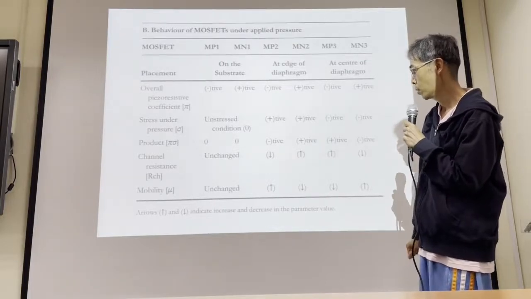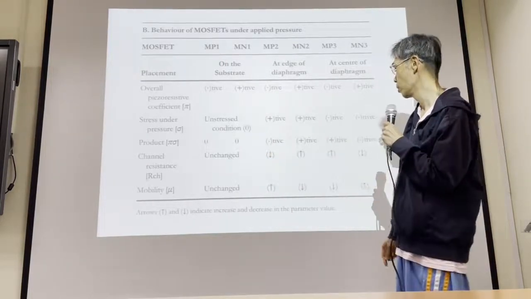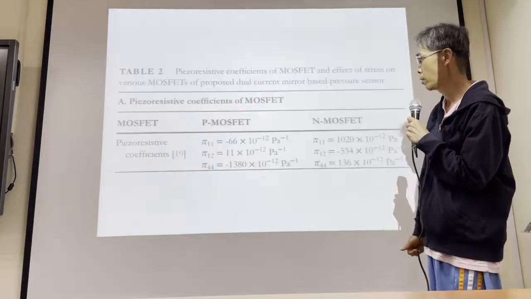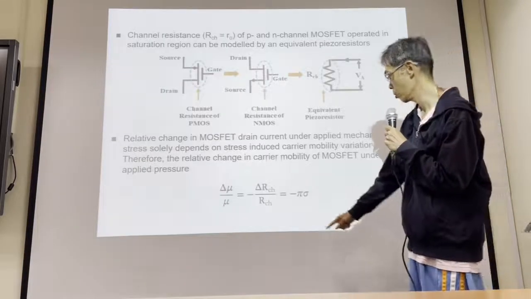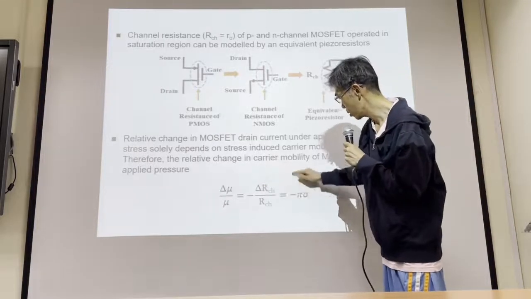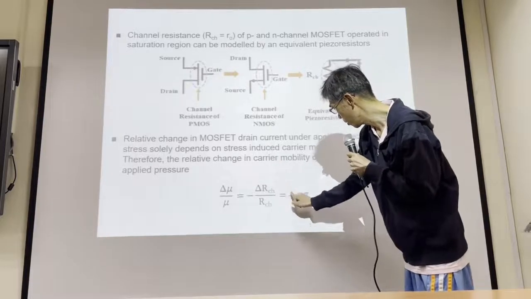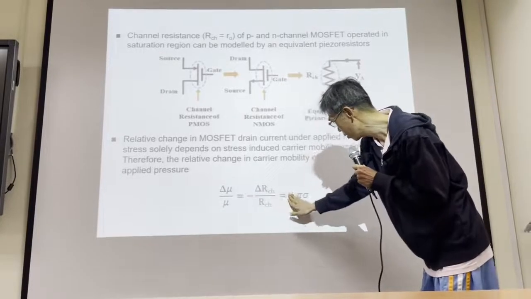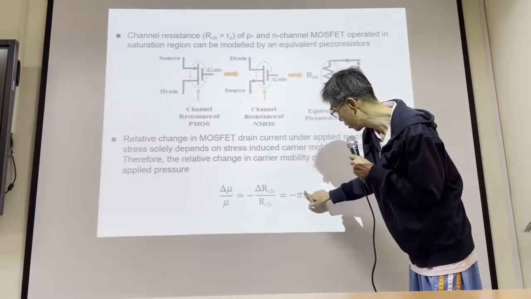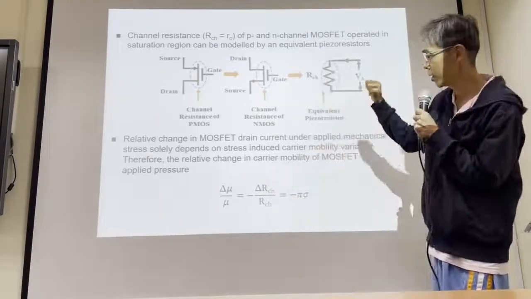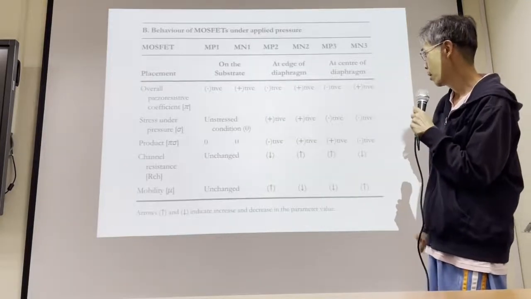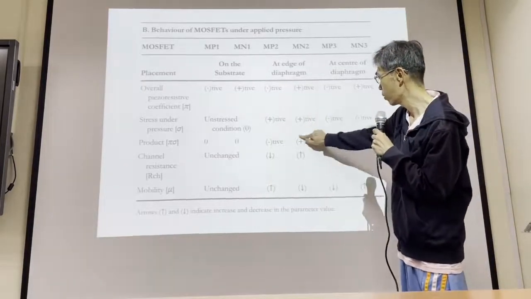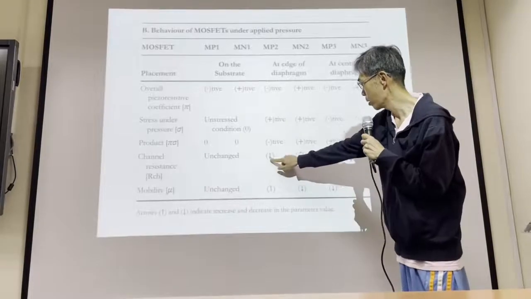Then the channel resistance, from previously. If this is just minus, it can be ignored. So positive, an increase. Next, positive, so this one increases, this one decreases.